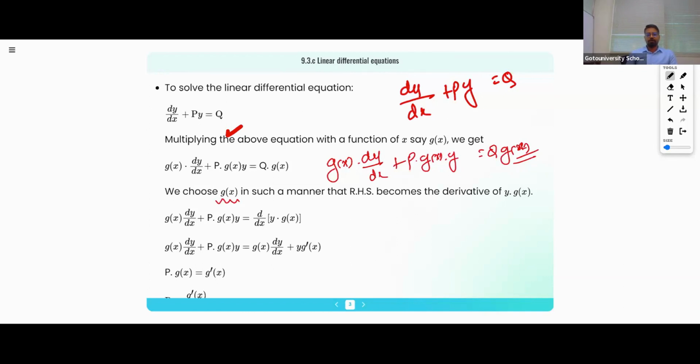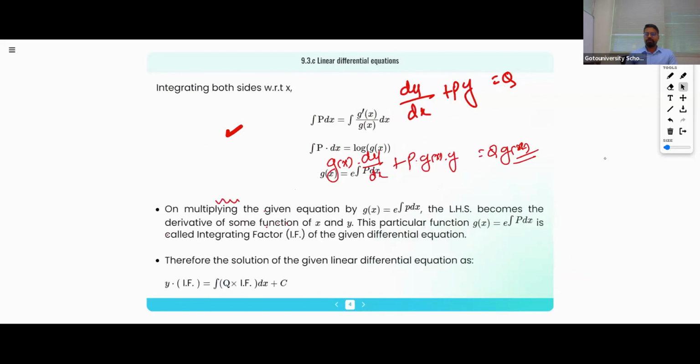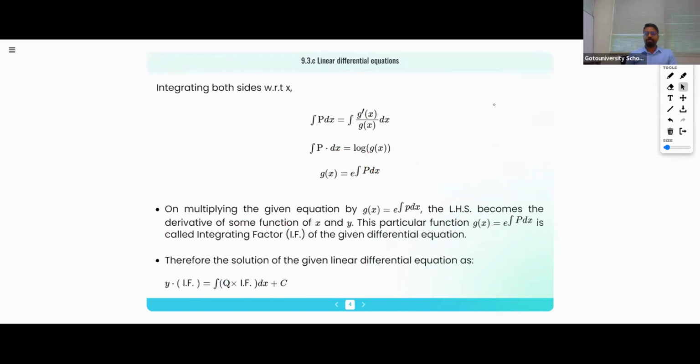I'll tell you. So further, if you solve this, what we get here is, we are going to write it as d by dx of y into g of x. So all these steps you can check, but I'll go to the direct approach for this. Whenever we have a linear differential equation of the form dy by dx plus p of y is equal to q, we have to find p.